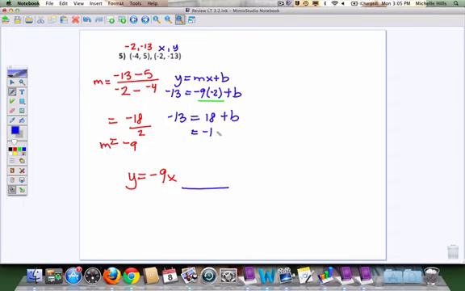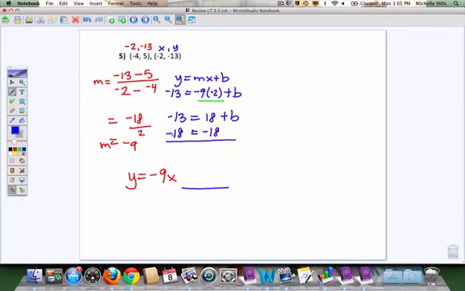I'm going to subtract 18 from both sides of the equation. The reason that I'm doing that, I want to find the y-intercept, which is the variable b. So if I want to get the b by itself, it's being connected to this 18 with addition, which means I need to use addition or subtraction to eliminate the 18 on that side. Since it's a positive 18, I subtract 18 from both sides.